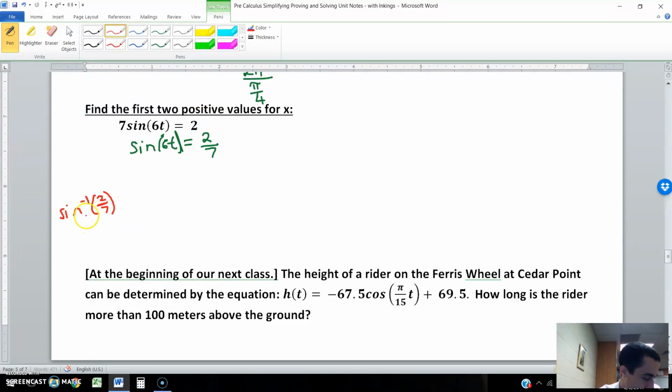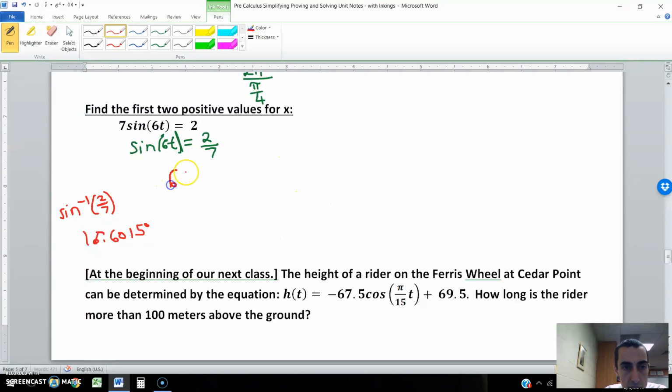When you do that, it's going to give you approximately, let's get this to 4 decimal places, oops, my calculator is in radians. That's a problem. Let's switch this one to degrees. Sine inverse of 2/7, and we are going to have an angle of 16.6015 degrees.